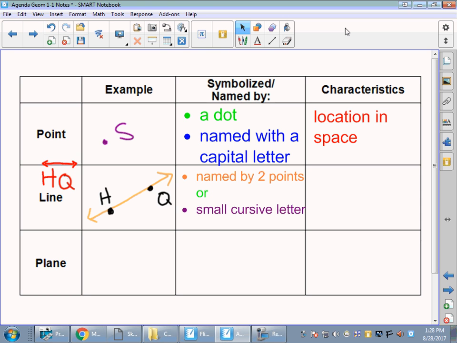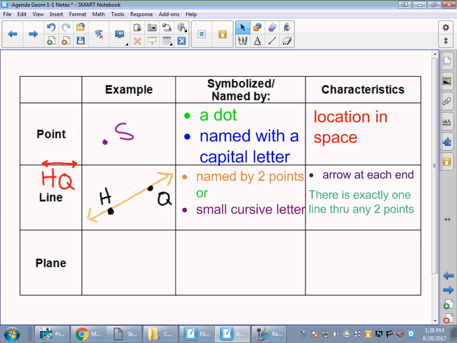And last but not least, there's an arrow at each end. And if you are given any 2 points, there is exactly 1 line that goes through it. So that little green sentence there: there's exactly 1 line through any 2 points.